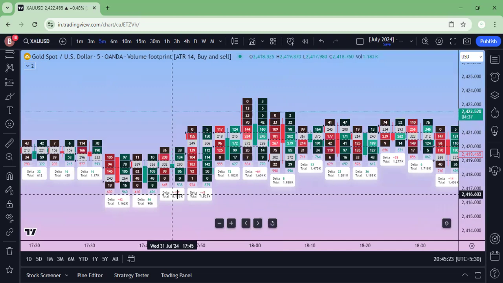I had seen a video of a person talking about this kind of footprints.